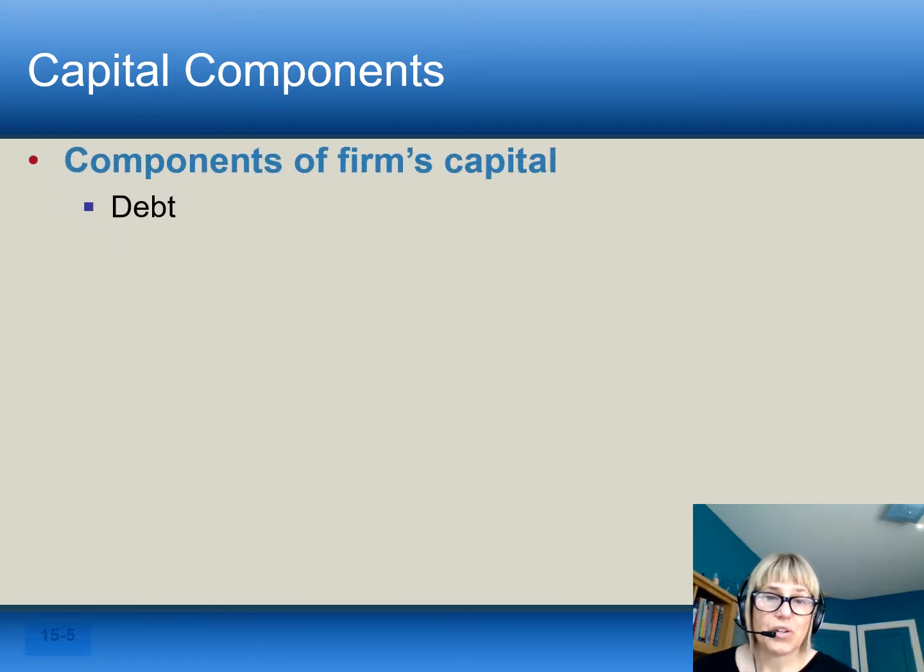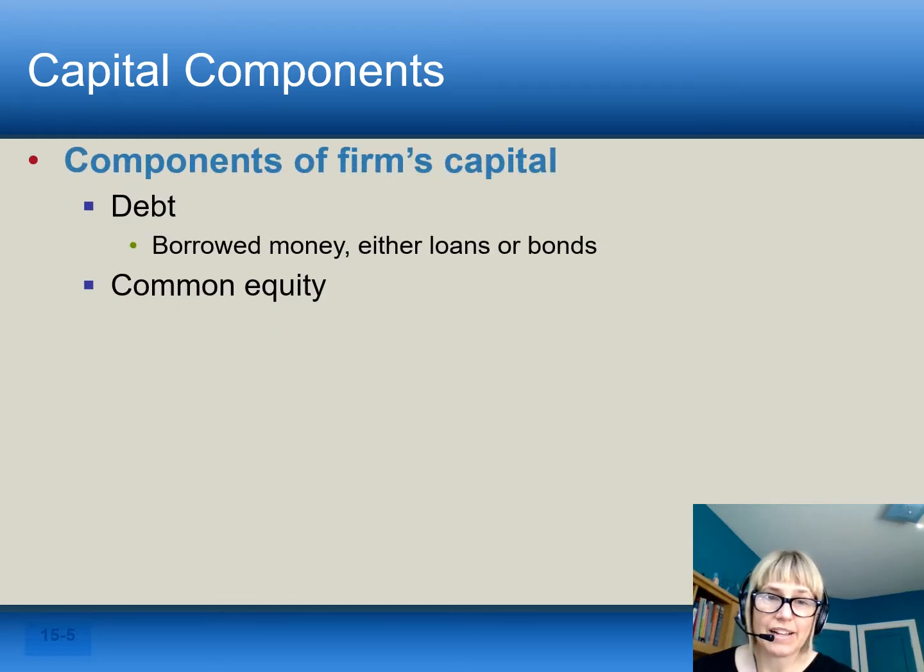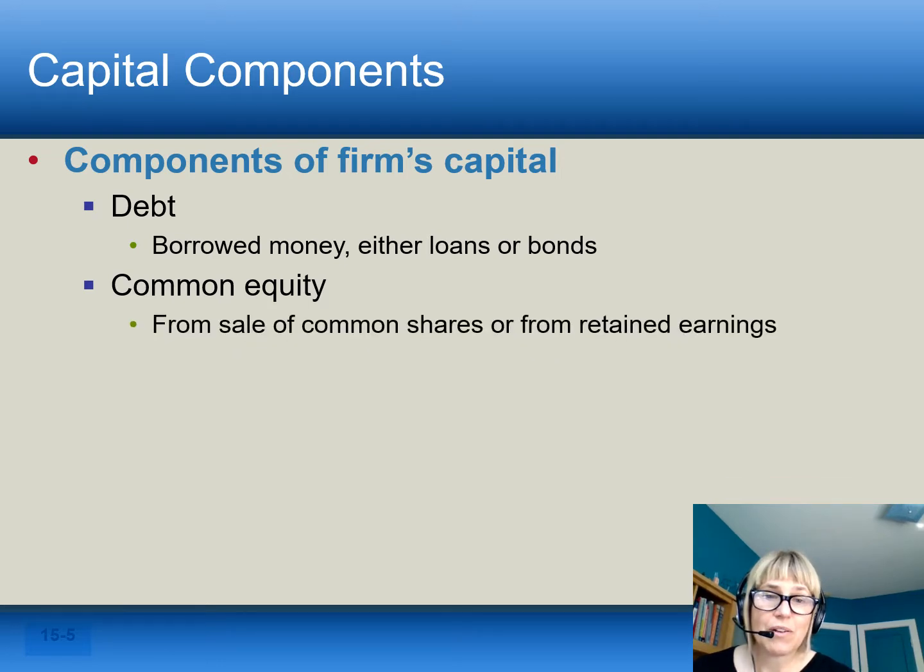Capital components. So cost of debt, right? What is the interest rate after tax on our borrowed funds? Common equity, sale of common shares, and remember, retained earnings is also part of the firm's capital.